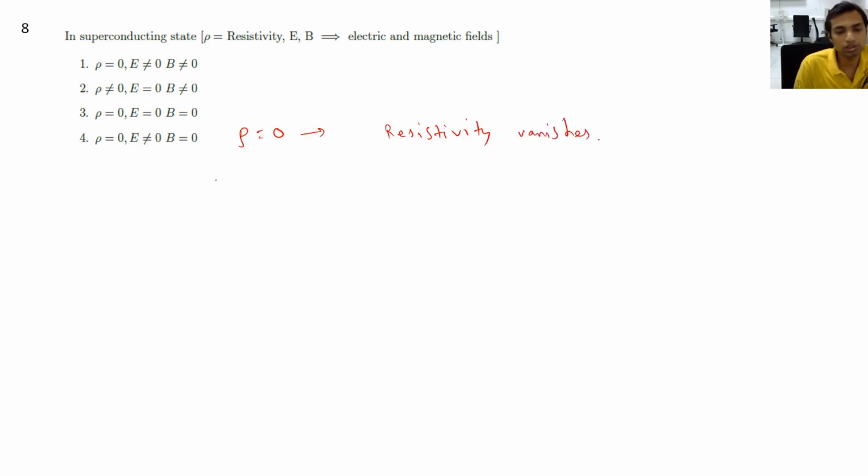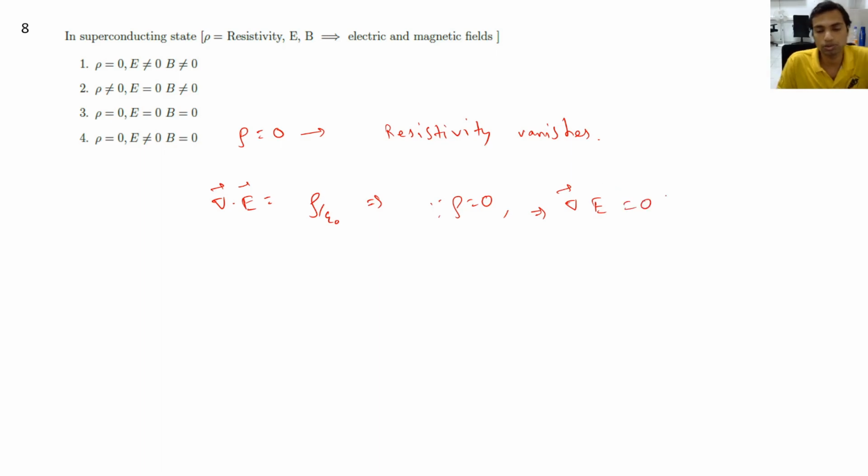Then from Maxwell's equation you can write that divergence of E is equal to rho over epsilon naught, and since rho is 0, divergence of E has to be 0.